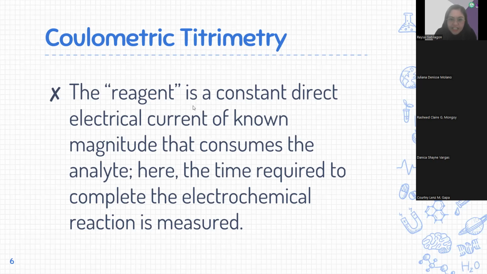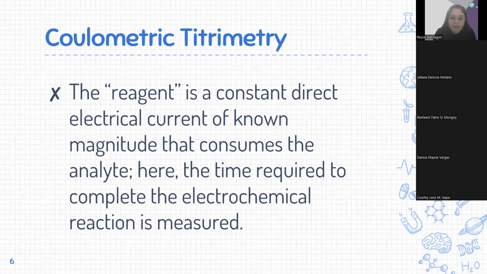So ang reagent, class, for coulometric titrimetry is a constant direct electrical current of known magnitude that will consume the analyte. So yung analyte natin kasi, ipapasok natin siya doon sa equipment na yon, and then i-measure natin kung gaano karaming electric current ang nagamit to consume the analyte.